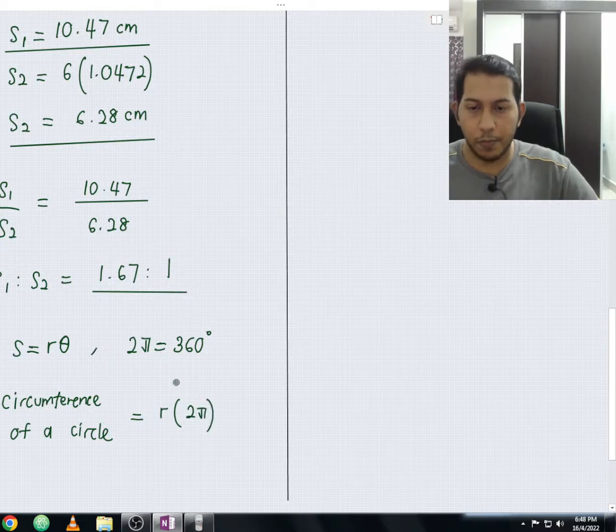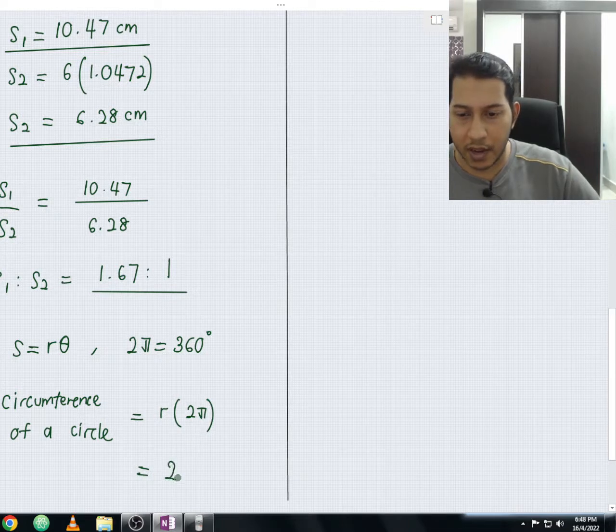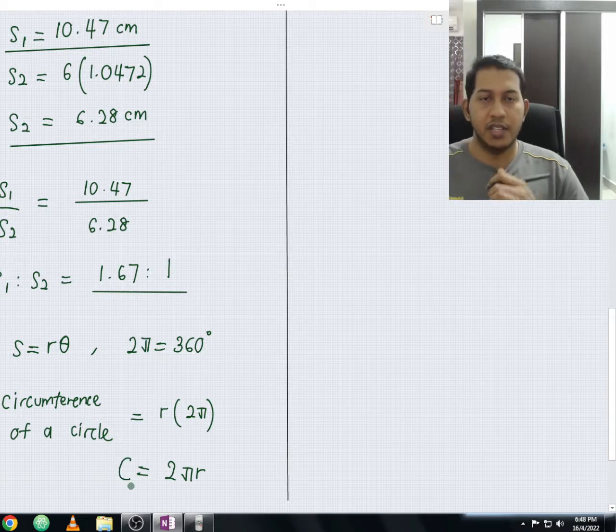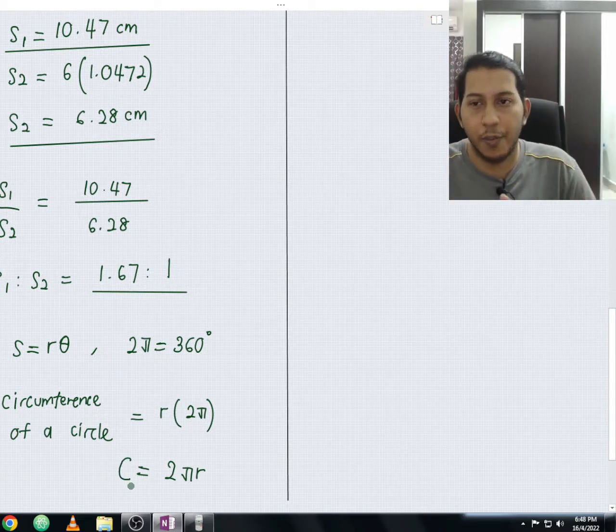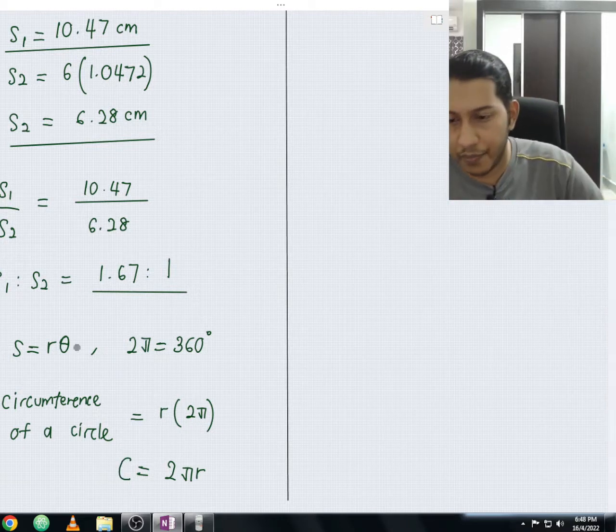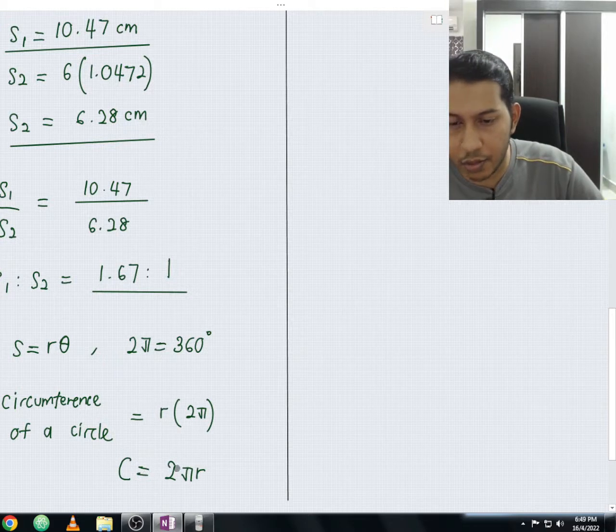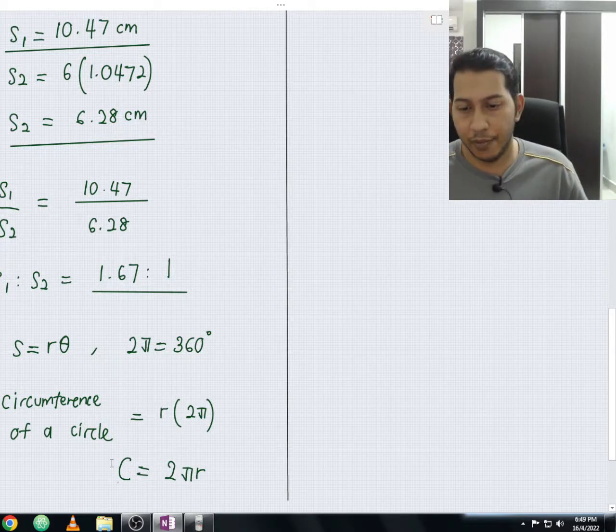This 2 pi is technically in radian. So it comes out as 2 pi R. This is how the circumference of a circle formula comes out, guys. The circumference of a circle is equal to 2 pi R.